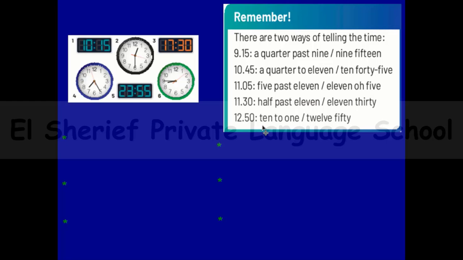The last one here, I can say that this is 10 to 1 because we have here still 10 minutes to be 1 o'clock. Or I can say that this is 12:50. So we have 2 ways to express the time. So here we have 6 pictures, and from these examples, can you start telling us the time of these 6 pictures?